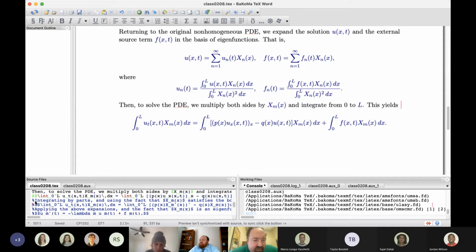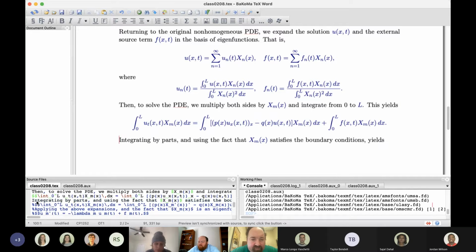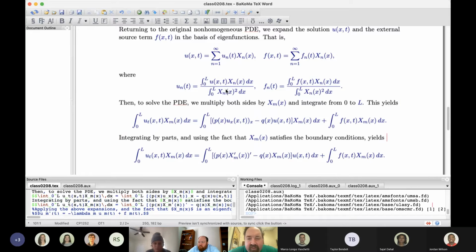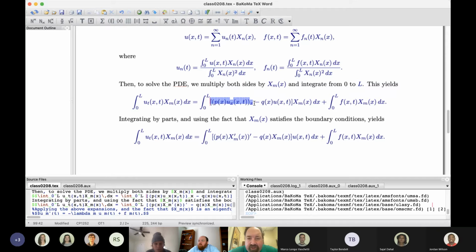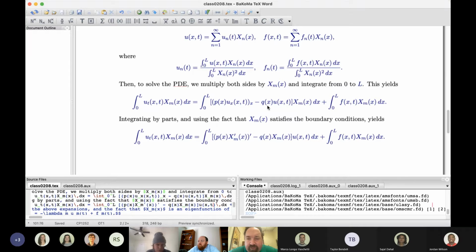Now, what I can do is, if I take just this part right here and apply integration by parts twice, then I can actually change the roles of u and X_m. So notice the difference between this integral and this one is that the roles of u and X_m are interchanged. And it's integration by parts twice applied to this term only that allows me to do that.